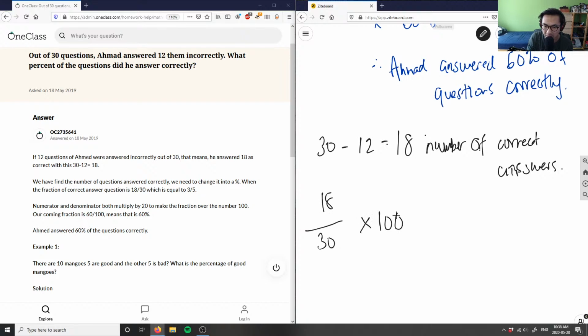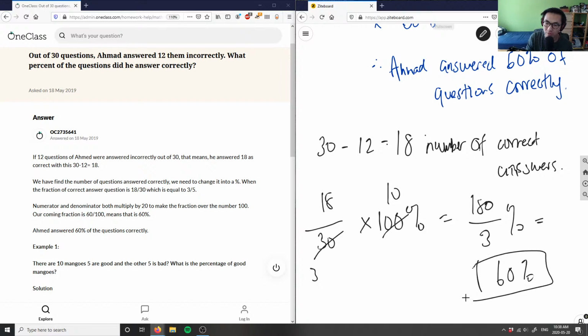We'll multiply that by 100% to give us our percent. And again, you can cross out the 3 here and cross out a 10 here. You can divide both of them by 10 first. 18 times 10 here is 180 divided by 3, and this is equal to 60%. So again, both of these solutions make sense, so you can do that as well. So the solution is correct.